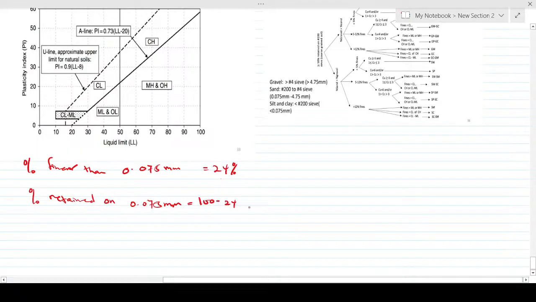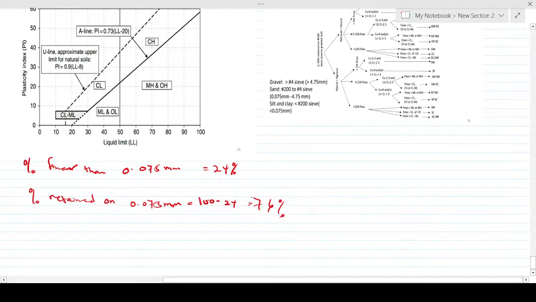That is going to give us, oh, this is 76, sorry. This is going to give us 76%. This is the percent retained on the sieve, 76%.